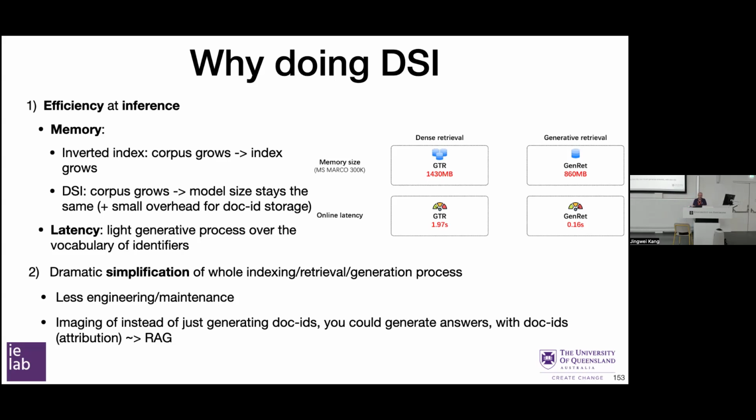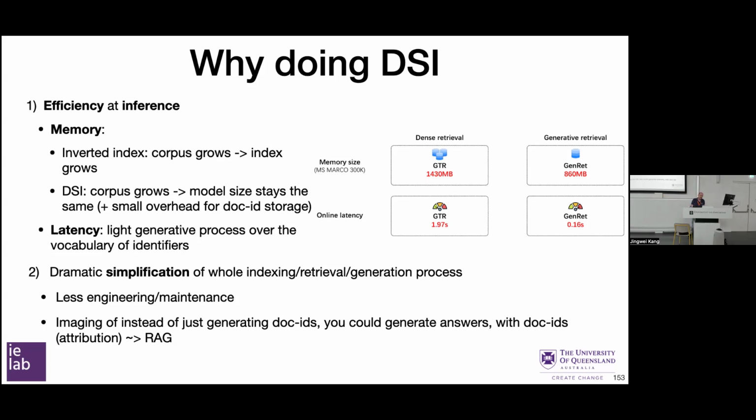Maybe that's not an architecture Google cares about, since they have a lot of software engineers to do engineering and maintenance. But if you're running a small e-commerce website, it's a big burden having to deal with all these different components that interact and get updated by third parties, and you don't know how that updates downstream in the task. If instead you have just one thing, that's much easier.